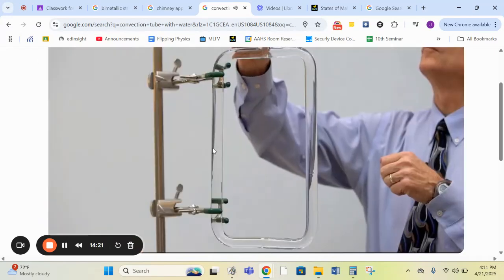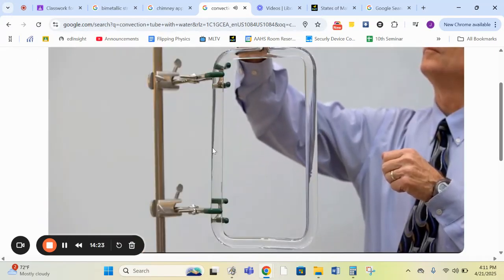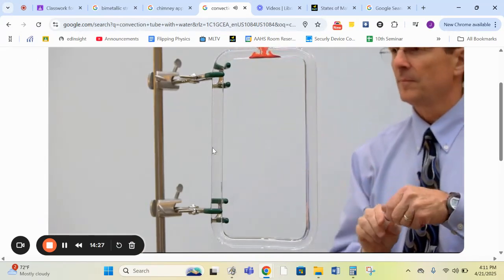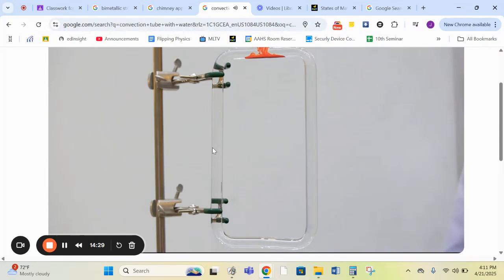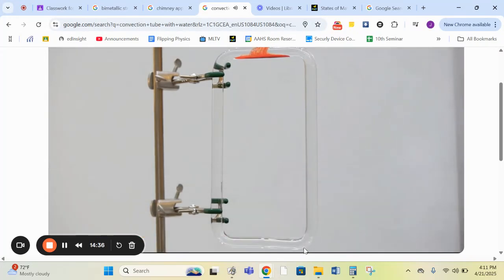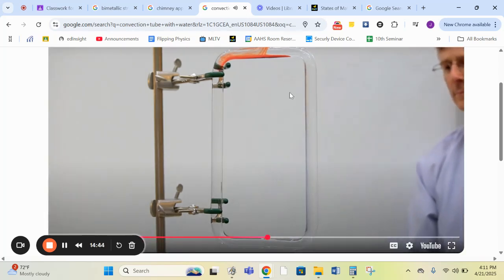So here he's going to put the drop of food coloring in. All that food coloring is going to do is let us see which way the water actually moves. So again, this is heating up down here.